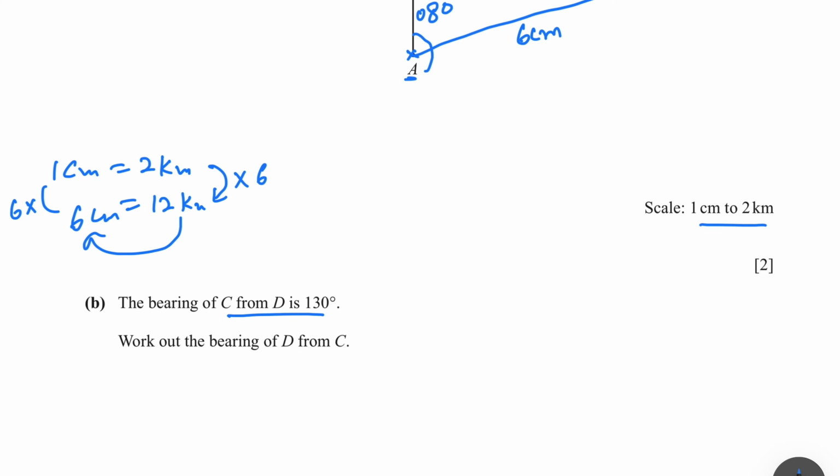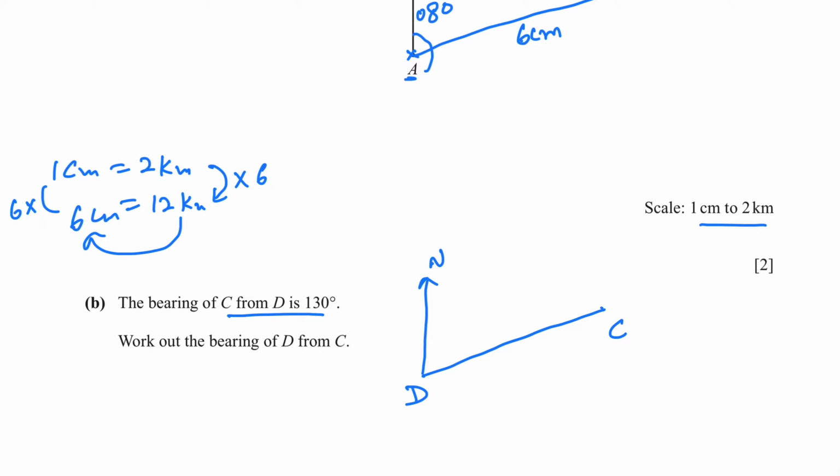Now the bearing of C from D is 130. Work out the bearing of D from C. So let's say we have this point here is D, and this point is C. The bearing of C from D, let's say this is the north line here at D, is 130 degrees.